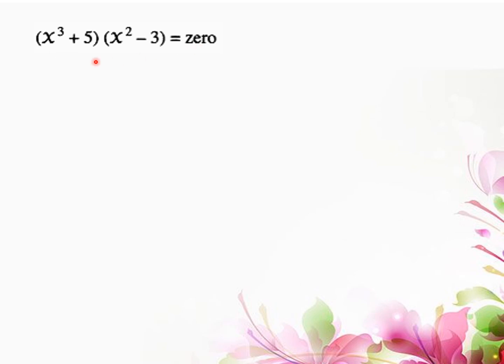Then x power 3 plus 5 equals 0, or x power 2 minus 3 equals 0. And we have two equations now.